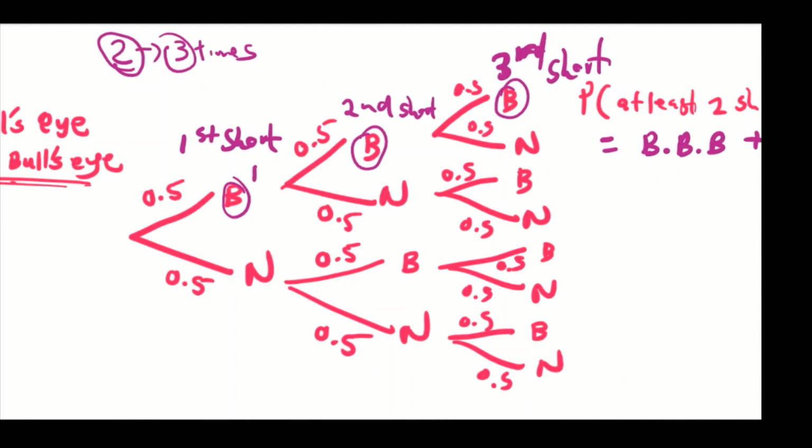So we just need to consider 2 times now, because it's at least 2 times. For hitting the bullseye twice, it can be this one here, and then the branch goes to this end, which we don't hit, but you also hit here.